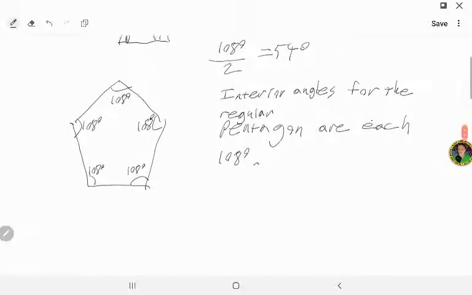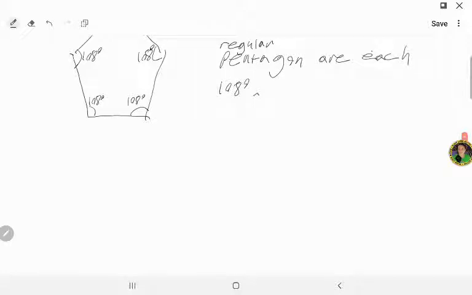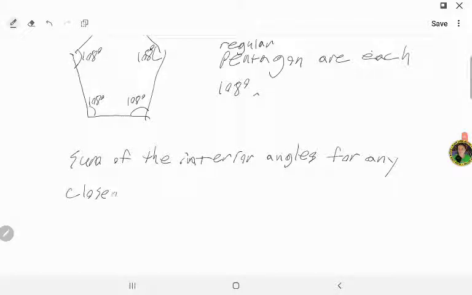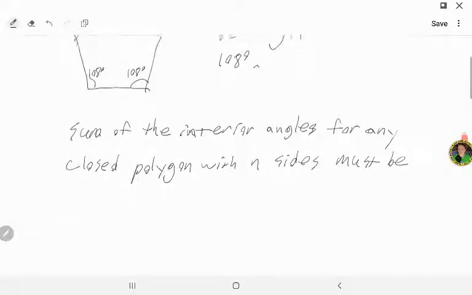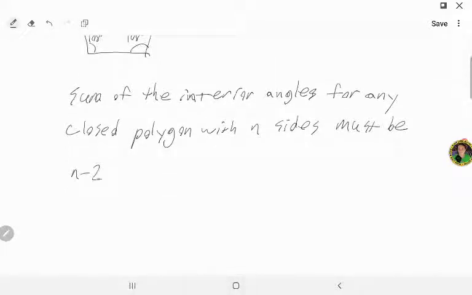So how can we do this more easily? It turns out that the sum of the interior angles for any closed polygon with n sides must be n minus 2 times 180 degrees.